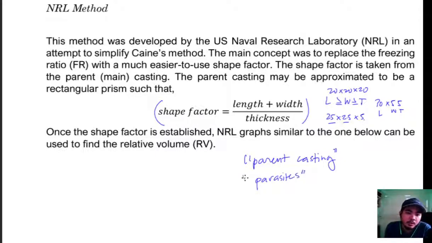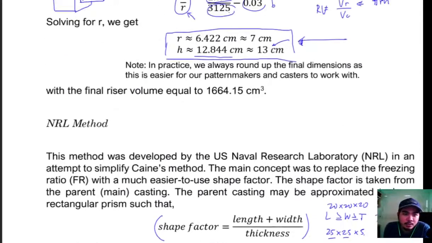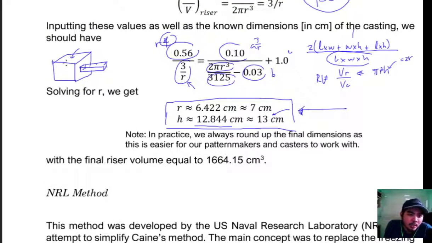Parasites, or pwede ring appendages, you can call them appendages, or pwede ring parasite castings, no? Okay? So the parent casting is the main casting. Yung mga parasites, sila yung smaller castings that are attached to your parent casting. So sa example ko kanina, yung sabi ko mahirap i-compute, this actually is our parent. Ito yung magiging parent natin. Ito yung magiging appendage natin. Okay?